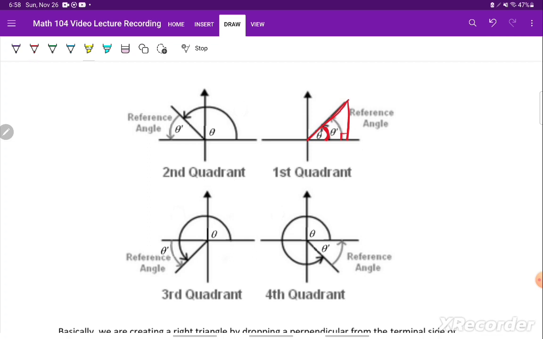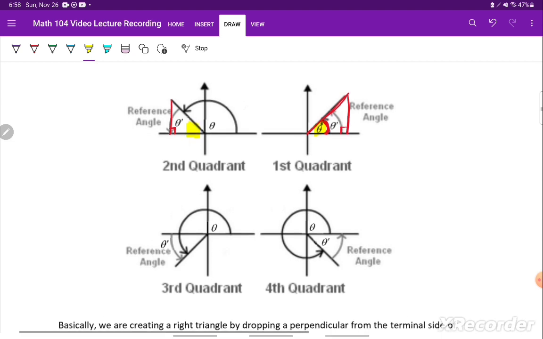So in quadrant 1, this angle right here is our reference angle. Our next example, our angle theta is in quadrant 2, so I'm going to drop a perpendicular to the x-axis, creating a right triangle. And our reference angle is this angle here, inside the triangle, adjacent to the origin.